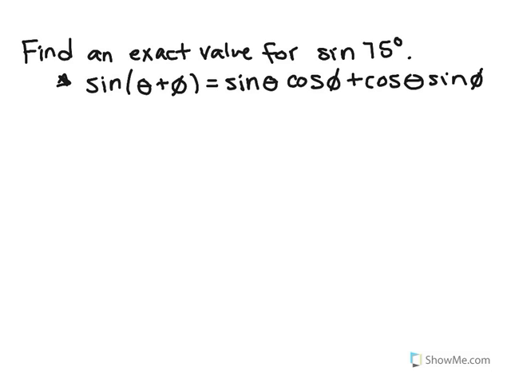So here's what we want to do. We want to break this 75 degrees down into 2 values that are on our unit circle. In other words, I could write this as the sum of 2 different measures that equal 75. So take a second and see if you can figure that out for yourself, or pause the video.